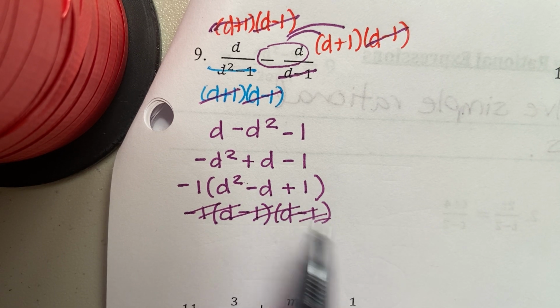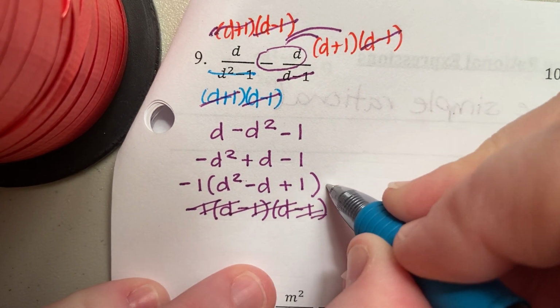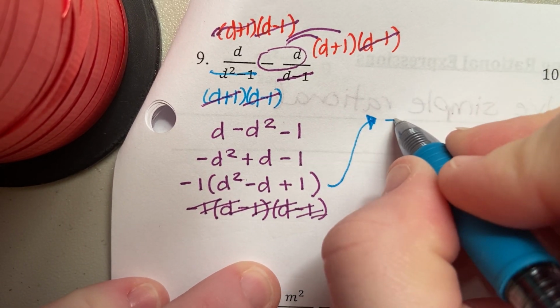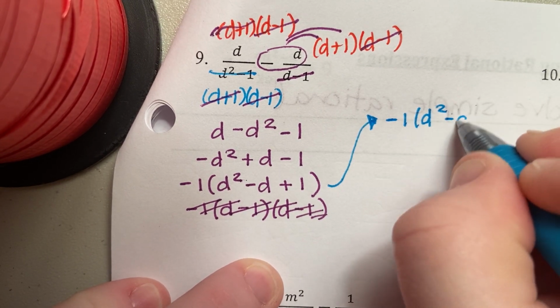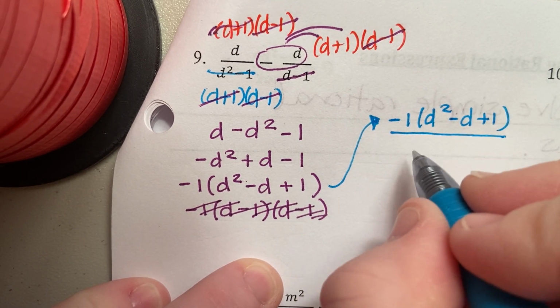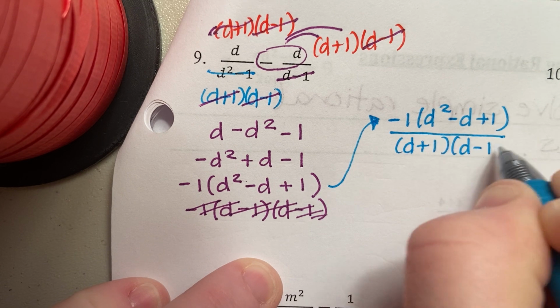I had my GCF. All right, but I'm at the last step where it says bring back the denominator and then see if anything cancels. So I'm going to keep this part, kind of give myself a little more space. So I have a negative 1 times d squared minus d plus 1 over d plus 1, d minus 1.